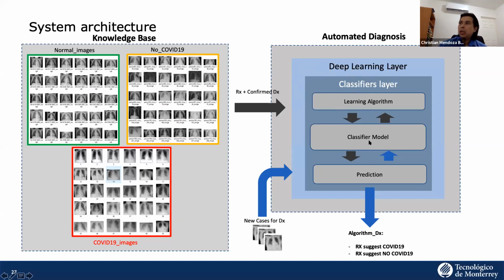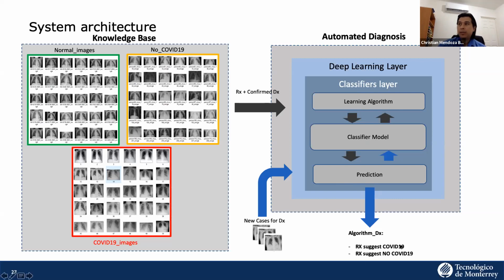Now, once we train the classifier, then we validate the classifier, and if it's good enough, then we make predictions with that classifier. And the prediction is basically saying, is the image that you are presenting to the computer model an image from COVID-19, or is it not?